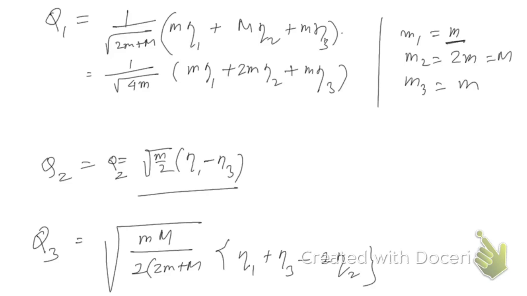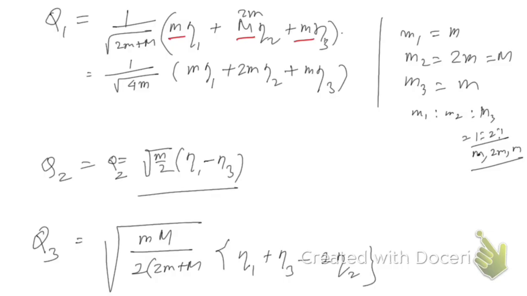This information is given in this question, because the masses m1, m2, m3 should be in the ratio 1:2:1. So we have considered the masses as m, twice m and m. Then the ratio will be 1:2:1, right?